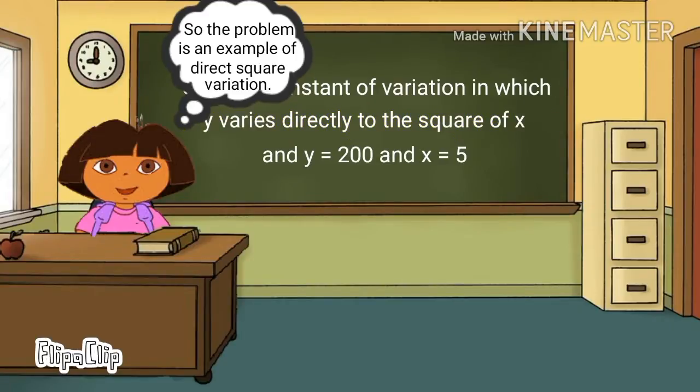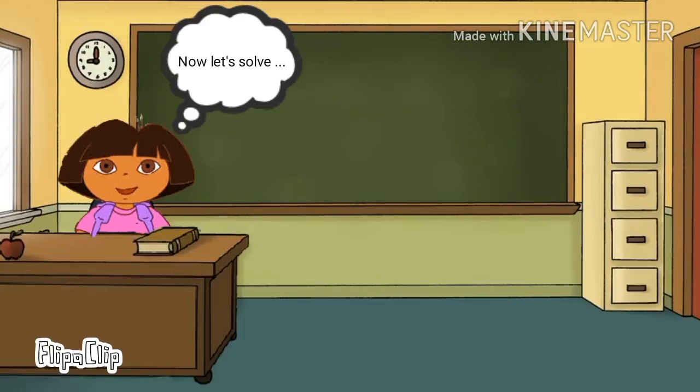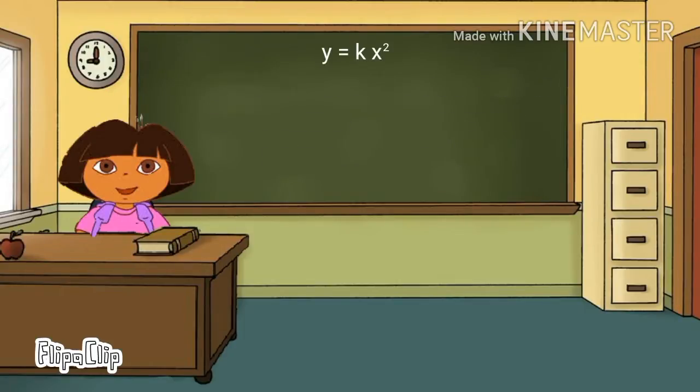So the problem is an example of direct square variation. Now let's solve. Y is equal to kx squared. So let's substitute the values. Y is equal to 200, and then to the other side, k times 5 since x is equal to 5, and then raise it to the second power.